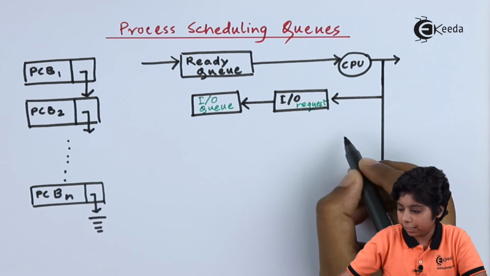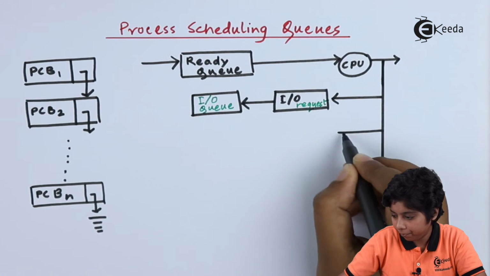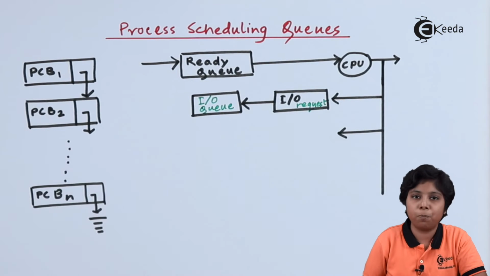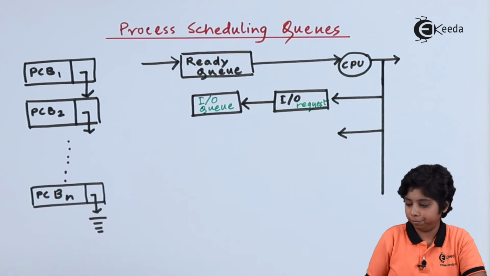The next event is that the process spawns a new process and then has to wait for the new process to terminate to resume its operation.